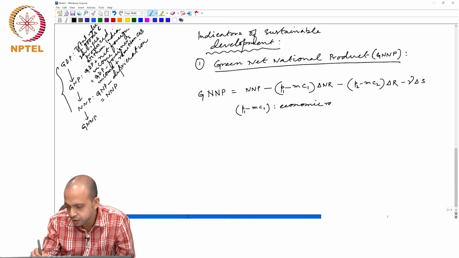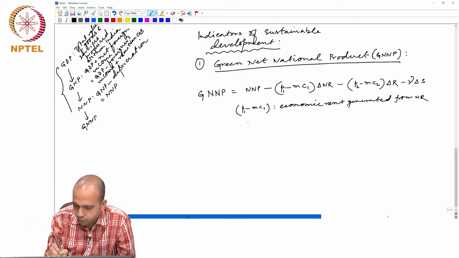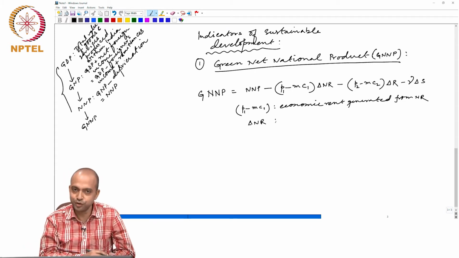Economic rent generated from non-renewable resource. And what is delta NR? Delta NR is basically the change in the stock of non-renewable resource.